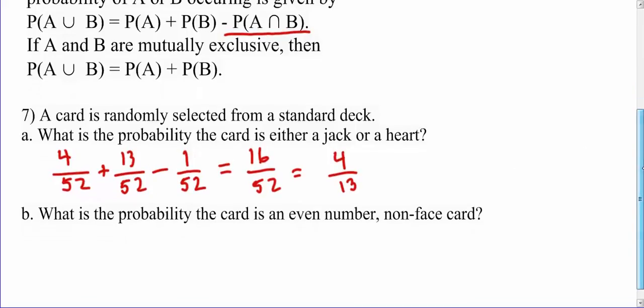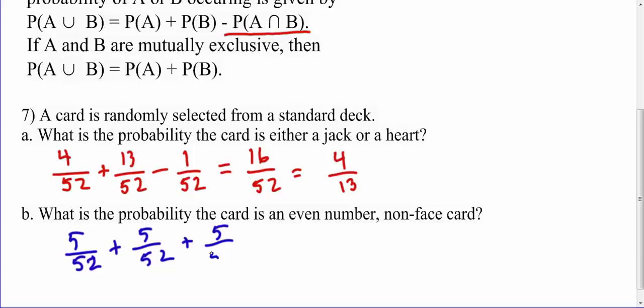Not all events have overlap, though. Like, what is the probability the card is an even number, non-face card? I'm going to break this down into suits, okay? So the probability of getting an even club would be 5 52nds: 2, 4, 6, 8, and 10. The probability of getting a spade that's an even number would be 5 52nds.